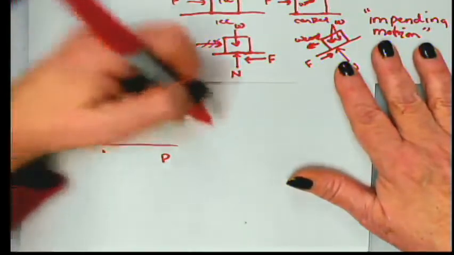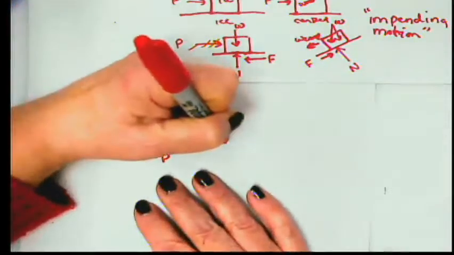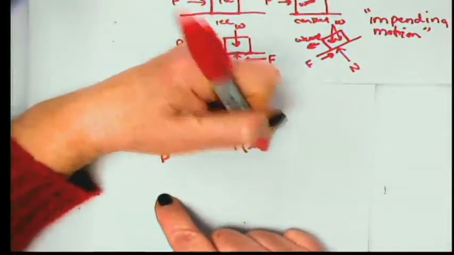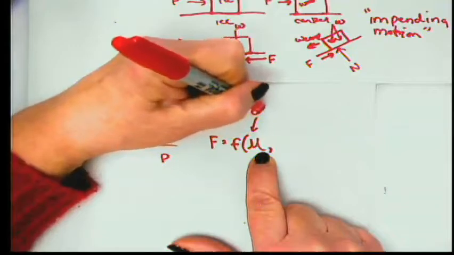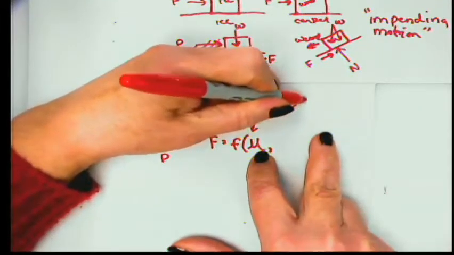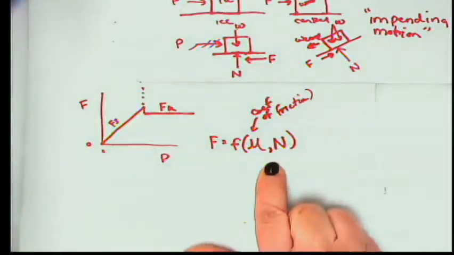All right, well, it turns out that frictional force is a function of how rough the surfaces of contact are, which is called mu, or the coefficient of friction, and N, or the normal force.